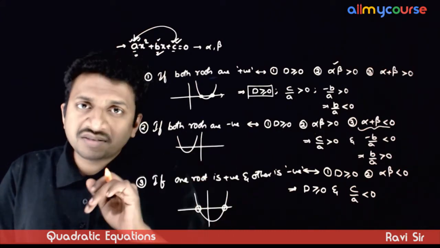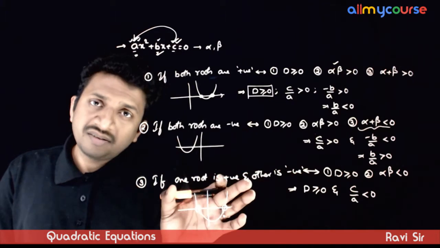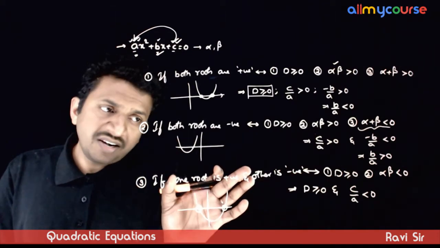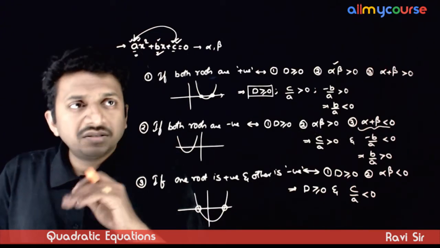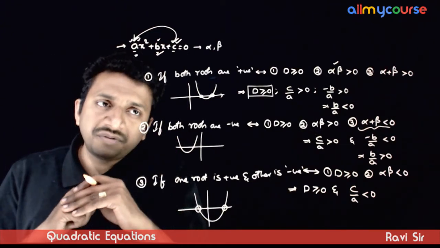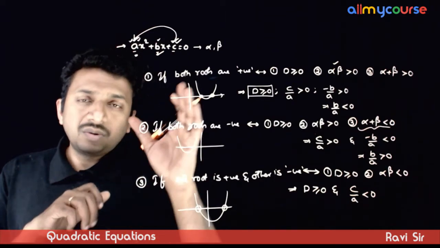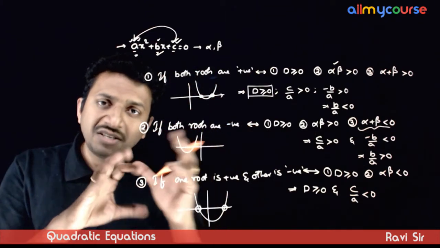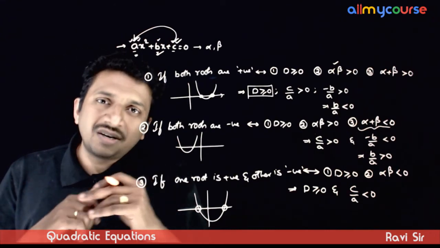Similarly, with this case, if these conditions are valid, this condition will be valid. If this condition is valid, those conditions will be valid. So this is one way of deriving the conditions. So these three conditions constitute the first set of conditions. Now let us go to the next set of conditions.